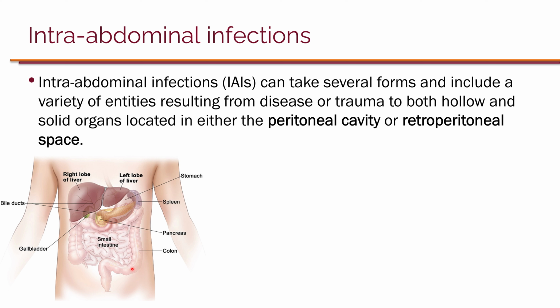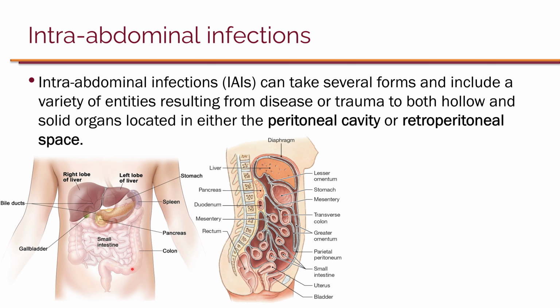What you can't see typically in these pictures is essentially the peritoneal space. So when we look at pictures from the side, you can see that essentially you have your organs. So here's the liver, and this is a picture of the female body, and you have your solid organs like pancreas, duodenum, and colon and small intestine, and you can see that these organs have a layer surrounding them, and this is essentially the peritoneum.